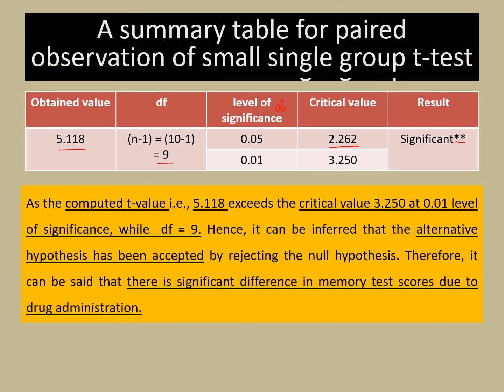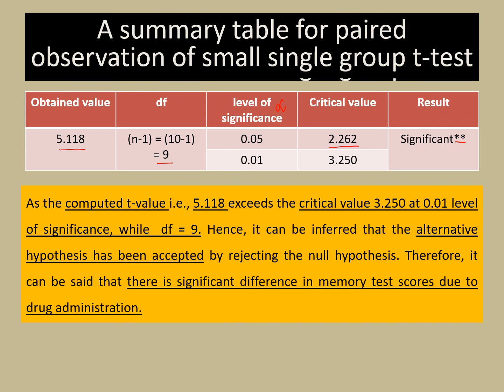So here I have written that the computed t-value, that is 5.118, exceeds the critical value 3.250 at 0.01 level of significance while df equals 9. Hence, it can be inferred that the alternative hypothesis has been accepted by rejecting the null hypothesis. Therefore, it can be said that there is significant difference in memory test scores due to drug administration.